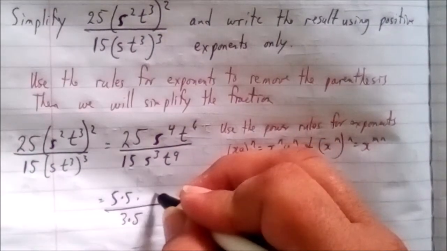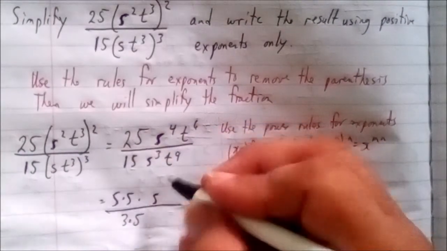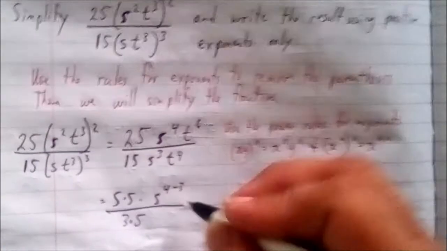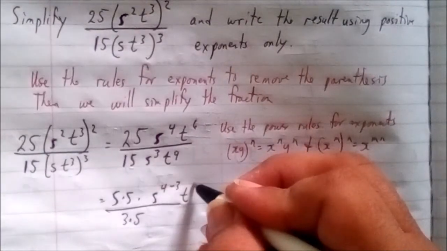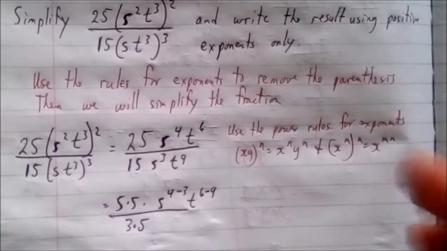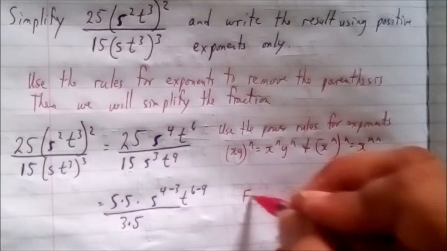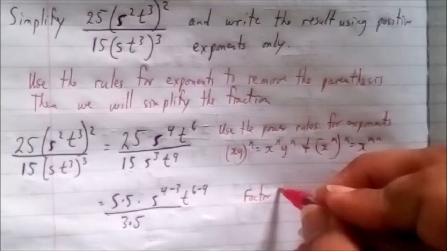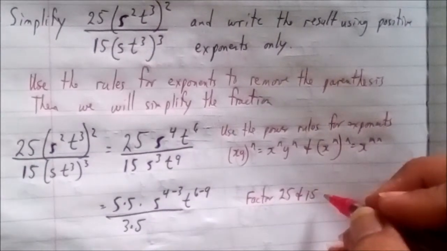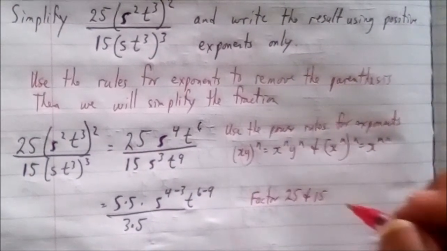This gives us s to the fourth minus 3, and then t will be t to the 6 minus 9. What have I just done there? Well, let me write it out here in red. Factor 25 and 15. We did that. If you notice, 5 times 5 and 5 times 3.